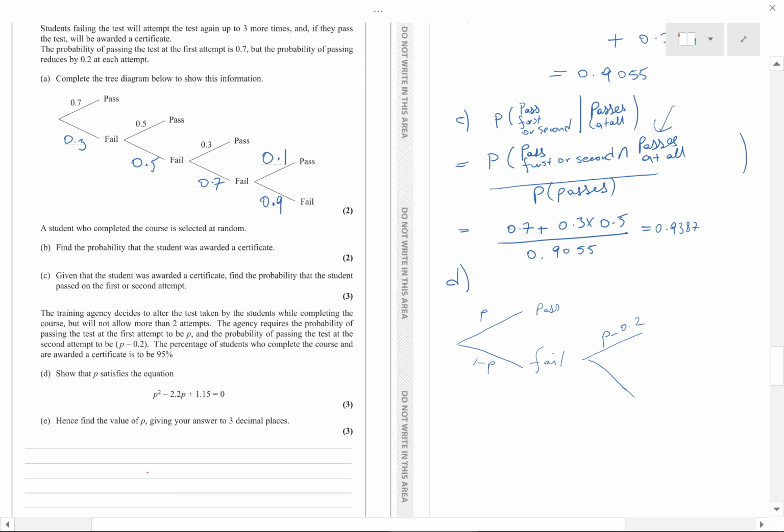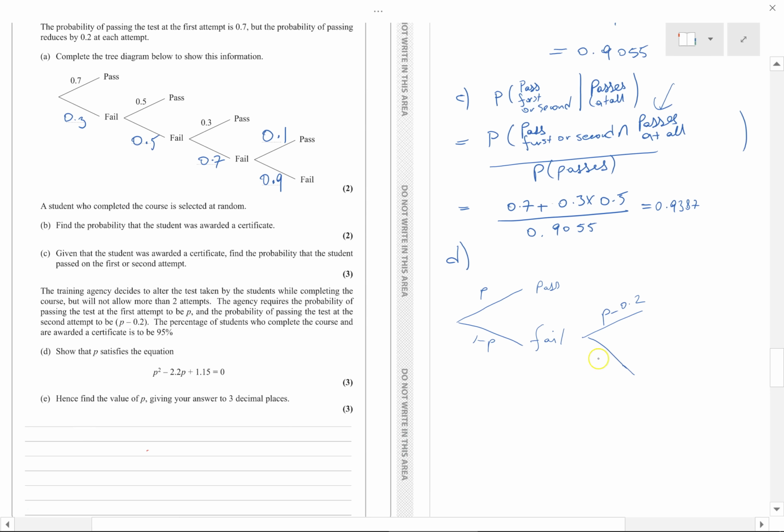Now, because these two numbers have to add up to 1, 1 take away P minus 0.2 is going to be equal to 1.2 take away P. As a check that those two add up to 1, they do. The P cancels and 1.2 minus 0.2. Okay, so that's our tree diagram.